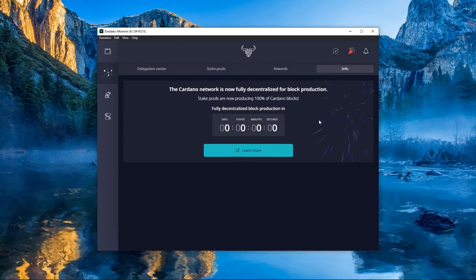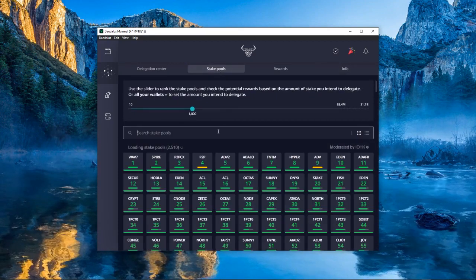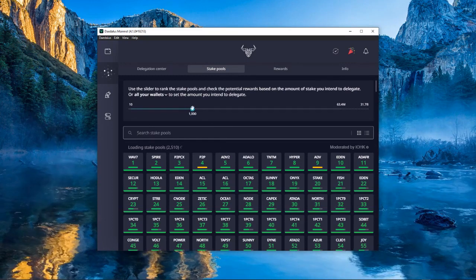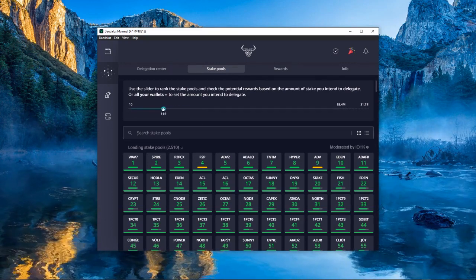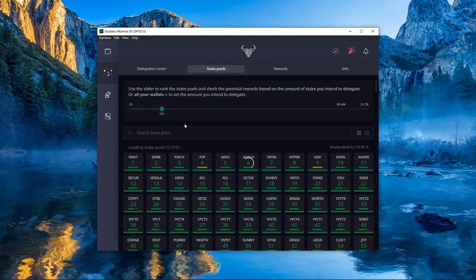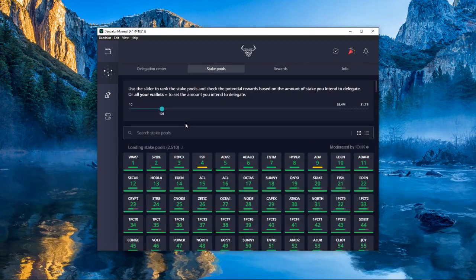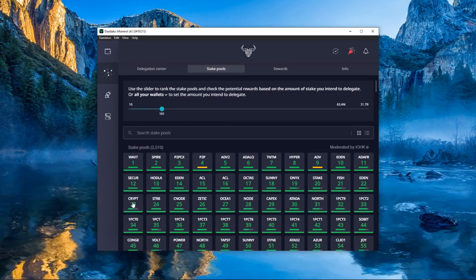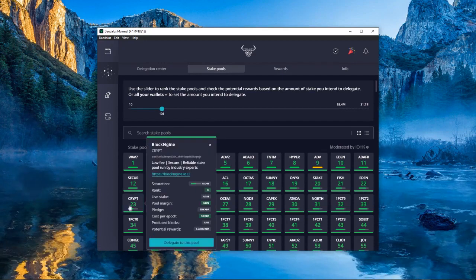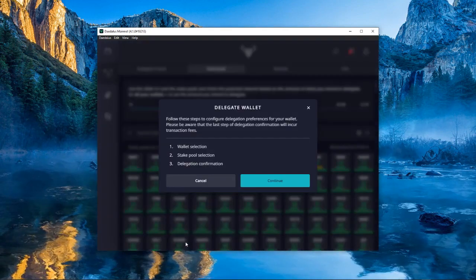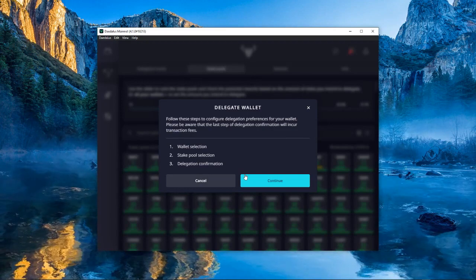Let's go over to stake pools. We can see that with the Daedalus wallet, there's a slider that allows you to choose an amount of Cardano you want to stake. And then it finds you a suitable pool. So for this example, I'm going to be using a low saturation, high ranking stake pool to delegate to.